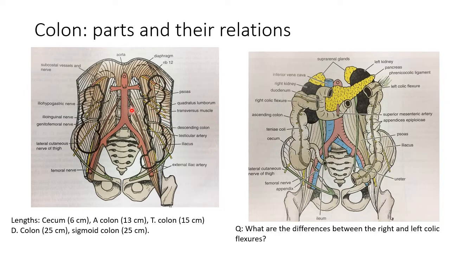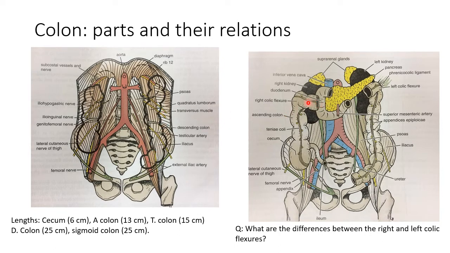And you also put the muscles which correspond posteriorly to the ascending colon, and these muscles are the quadratus lumborum and transversus abdominis. So this is a very good image to show you the posterior relations of the cecum, ascending colon, and the descending colon.